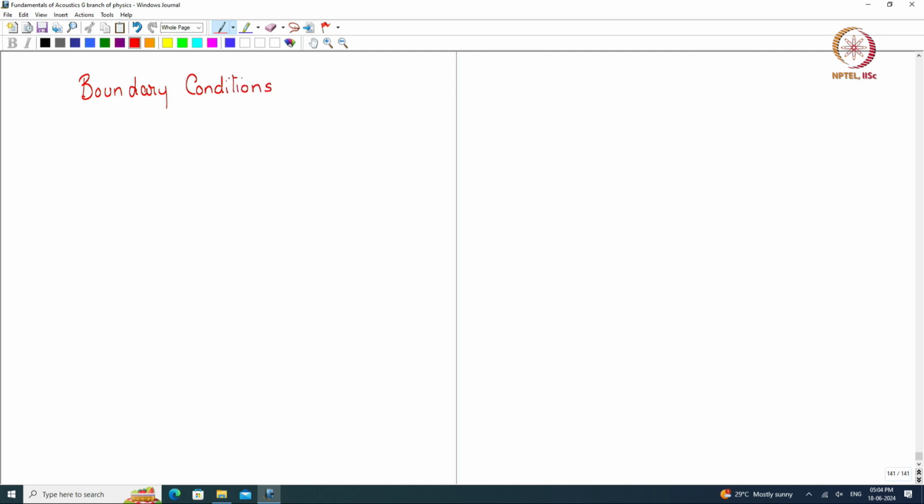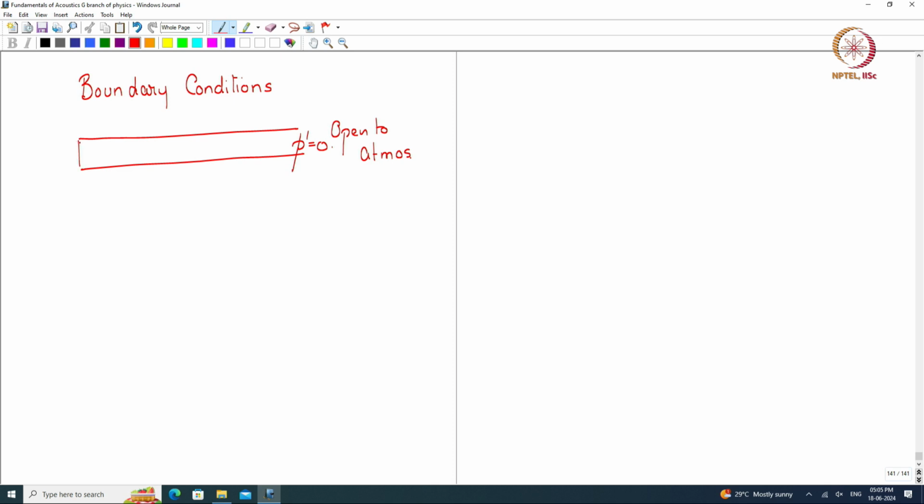if I have to show them pictorially, let us say we have a duct or a pipe and at the end it is open to atmosphere, and so since we are looking at perturbation on mean, the condition here means the pressure dash has to be 0, that is, the acoustic pressure has to be 0, that is the boundary condition over here.